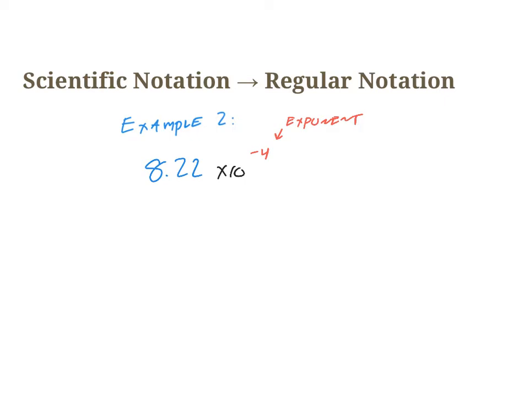So I'm going to start with 8.22 and move the decimal 1, 2, 3, 4 spots to the left, put some zeros in there, and because I like to make things look clean, I'm going to put a 0 in front. So now I clean everything up: 0.000822 will be my value here.